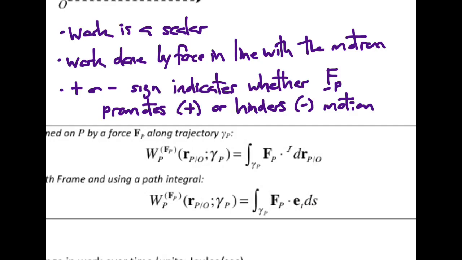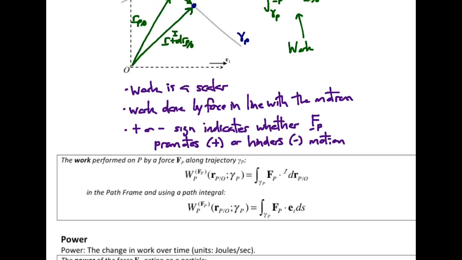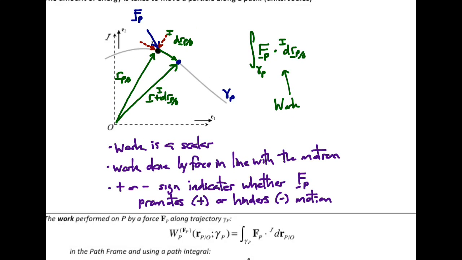And because this is dependent on path, this reinforces the idea that work is going to change depending on the path taken, or most likely it'll change depending on the path taken. So how you get from point A to B, let's say in this case getting from the initial position to the next position, is going to change the amount of work done.